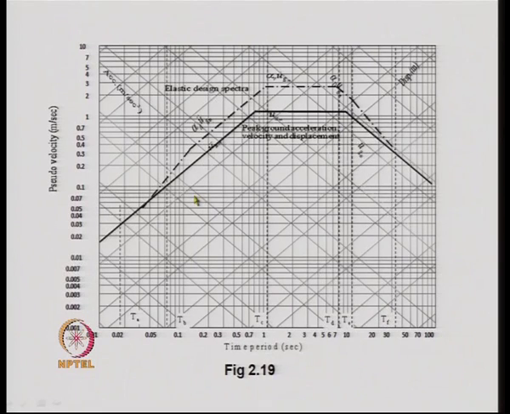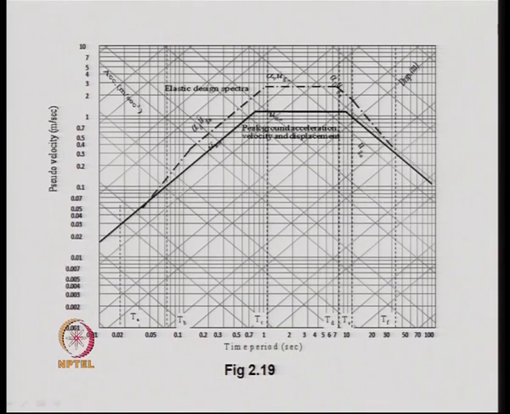Now let us look at how we can obtain, using these steps, the response spectrum in a tripartite plot. This is the baseline. Baseline means the maximum ground acceleration that is plotted over here, and it is parallel to the SD axis, and we measure the acceleration along this line.